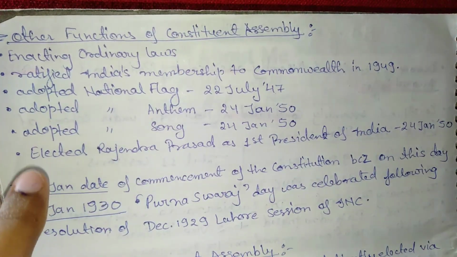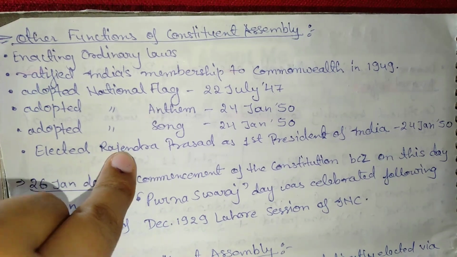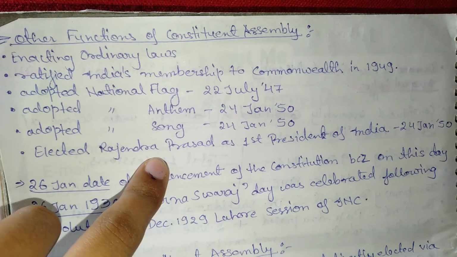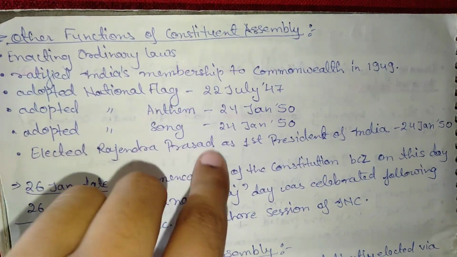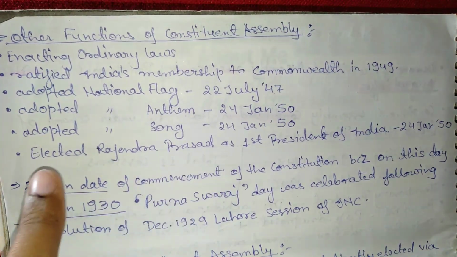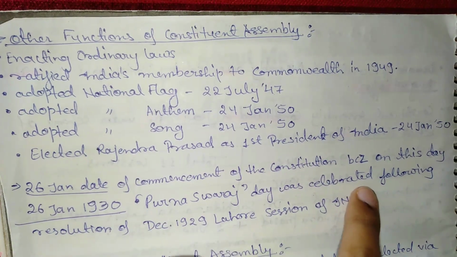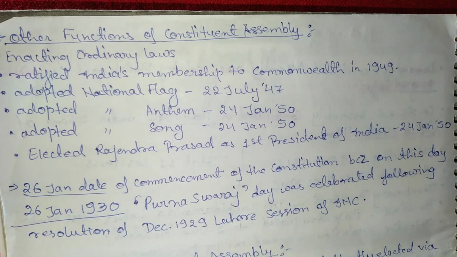And then the other function that they performed, the Constituent Assembly elected the first President of India, Dr. Rajendra Prasad, on 24 January 1950. Because by that time the entire process we have today did not exist.